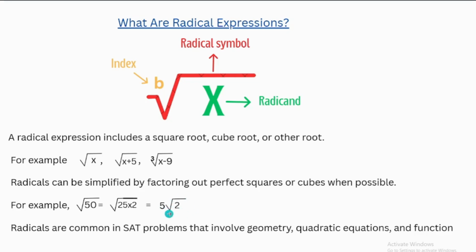So this root 50 will be 5 root 2. Radicals are common in SAT problems that involve geometry, quadratic equations, and functions. So we have to study it well.